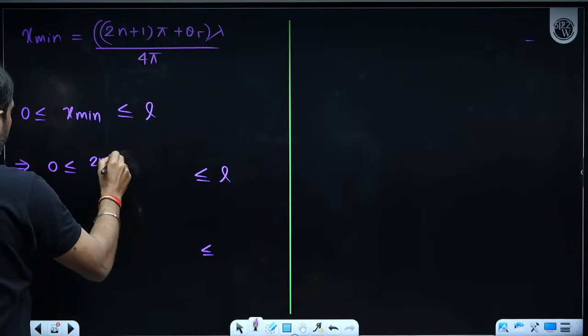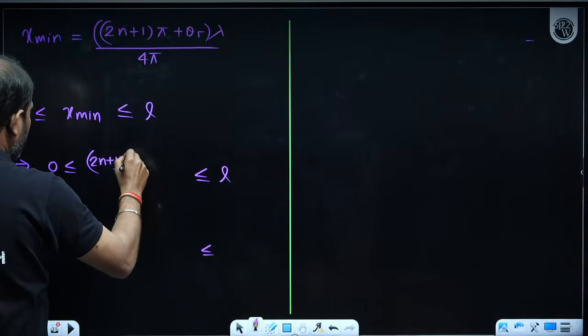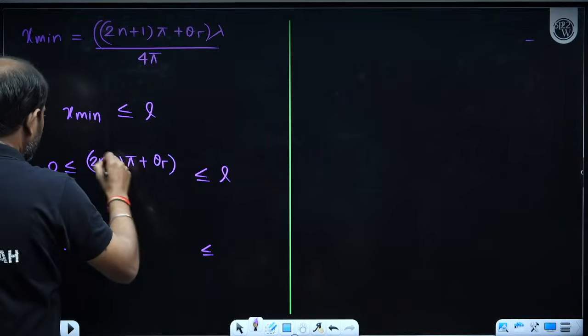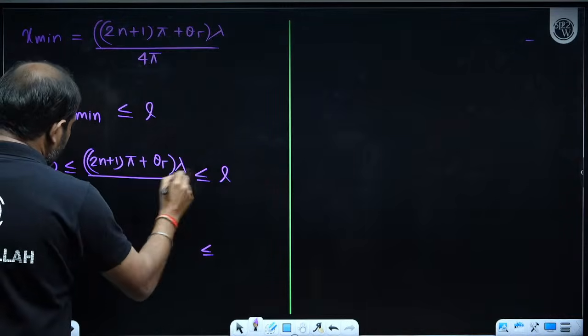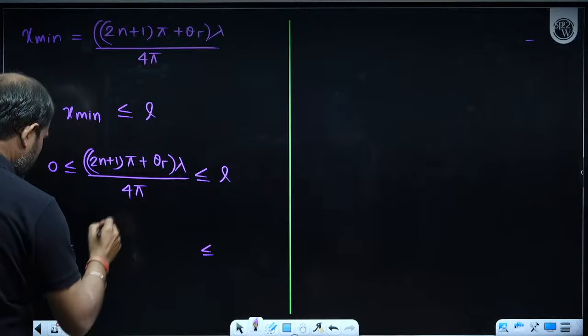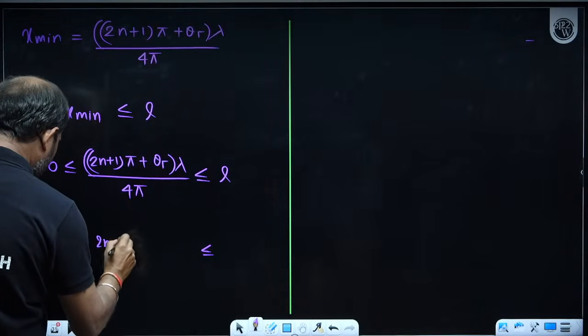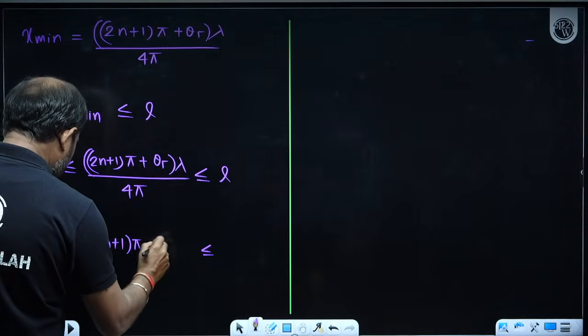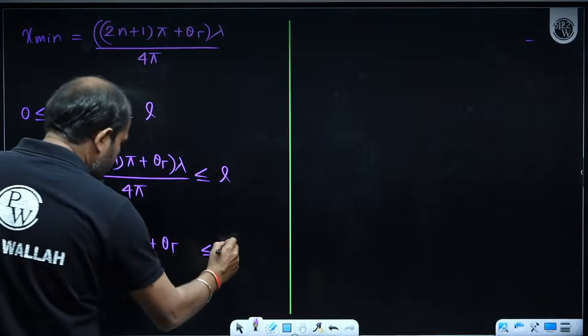So 2n plus 1 pi plus theta gamma is less than 20 pi.